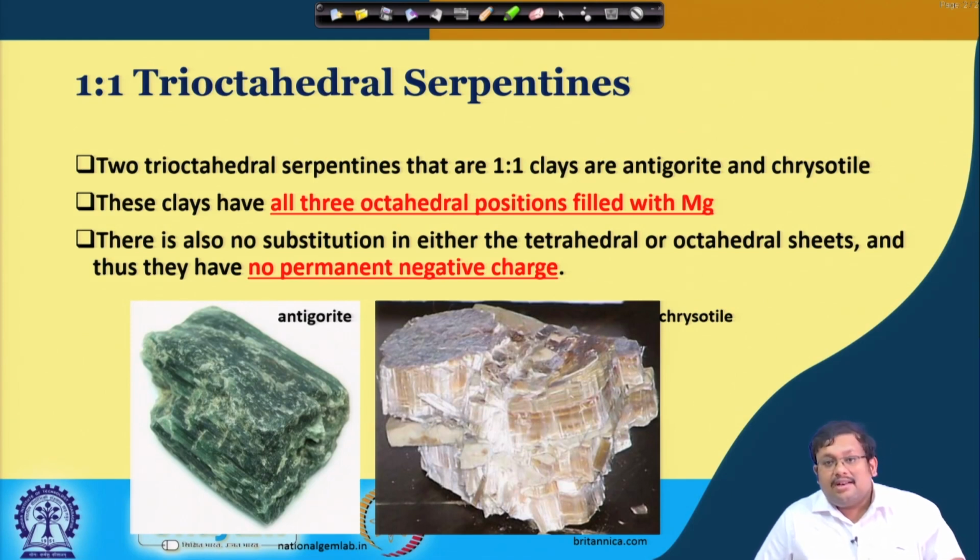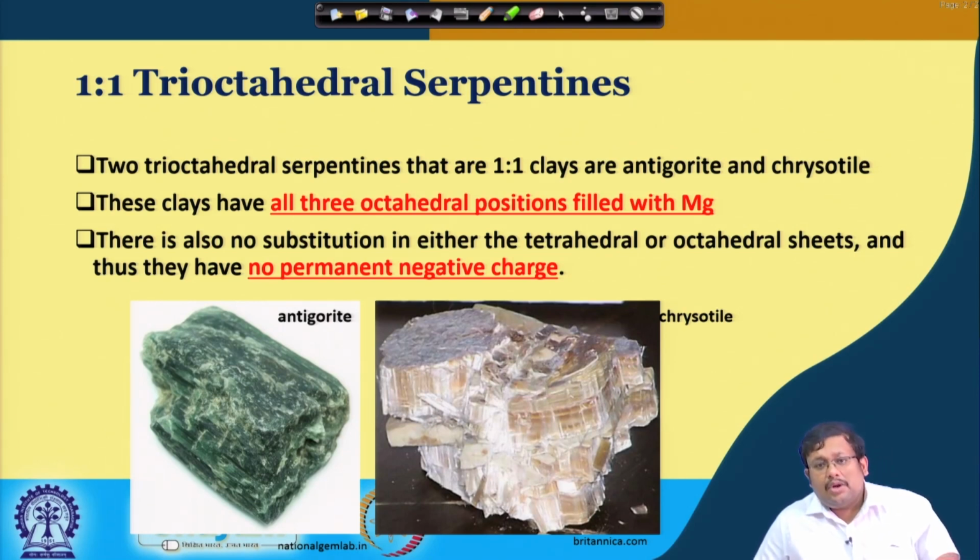Because these are trioctahedral, you know that in the trioctahedral structure 3 out of 3 octahedral positions are filled, and in that case magnesium is the major cation. So, in this case all 3 octahedral positions are filled by magnesium, and there is no substitution in either the tetrahedral or octahedral sheet, and thus they have no permanent negative charge.